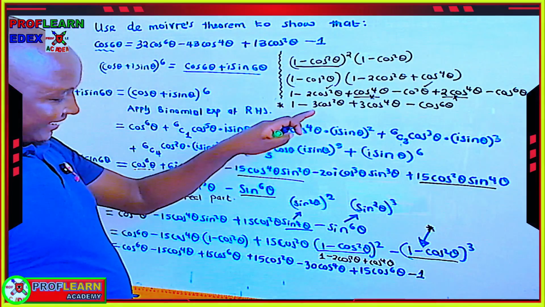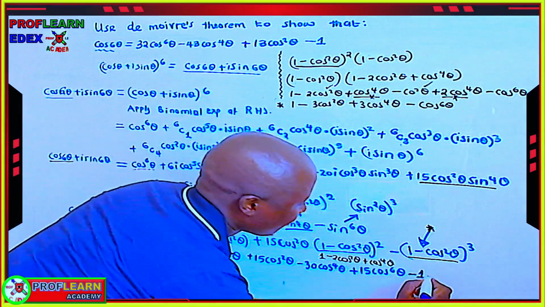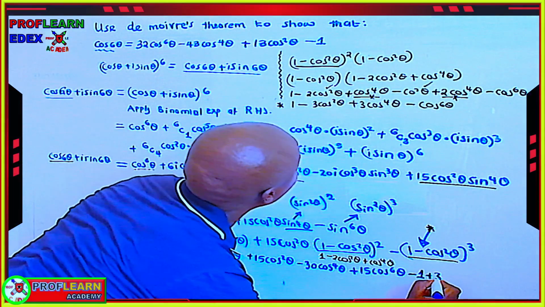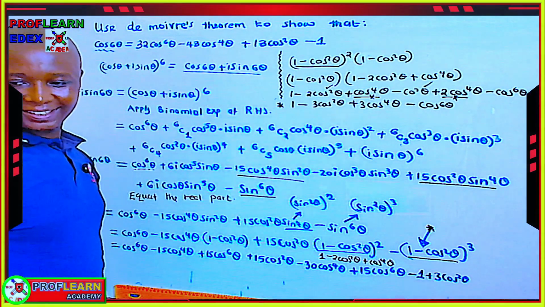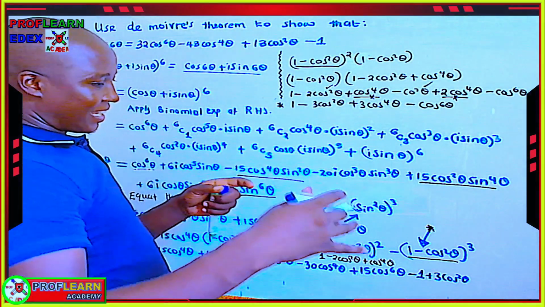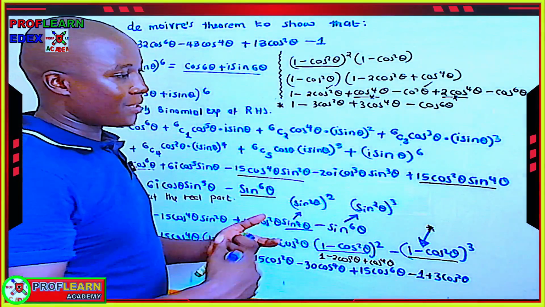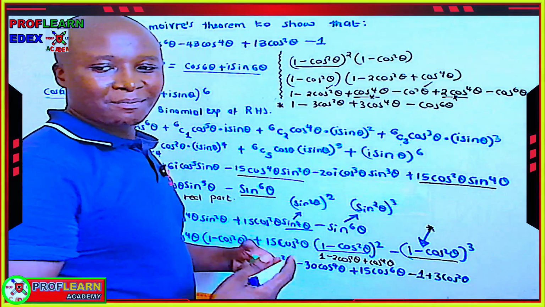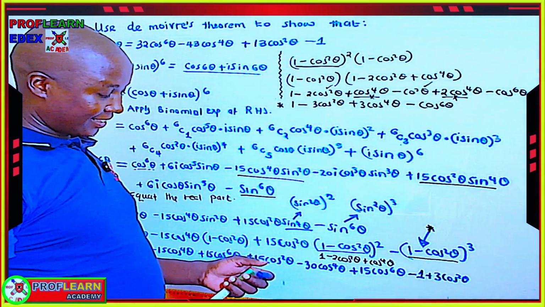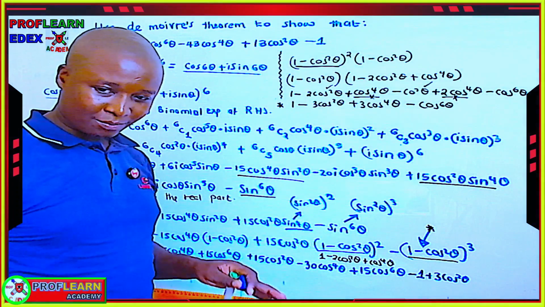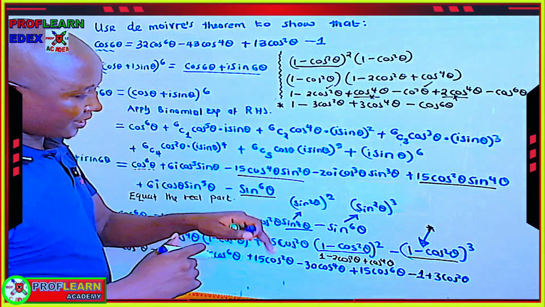Okay, so minus times this, it will be plus 3 cos squared theta. I'm checking to see whether I'm writing so that you can see, because I may end up writing to the rest of the board and you end up not seeing what I'm writing, but you'll be hearing me talking. Yes, just relax a little bit. So let's proceed.